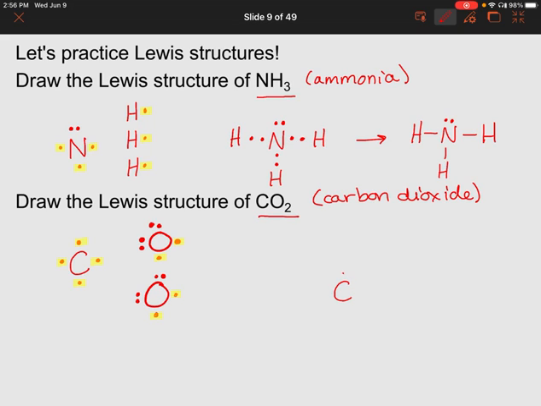All right, so I'm just going to draw my carbon again, and then I'm going to pair up carbon with one of the oxygens, and then I'll pair up one of the other carbon electrons with the other oxygen.